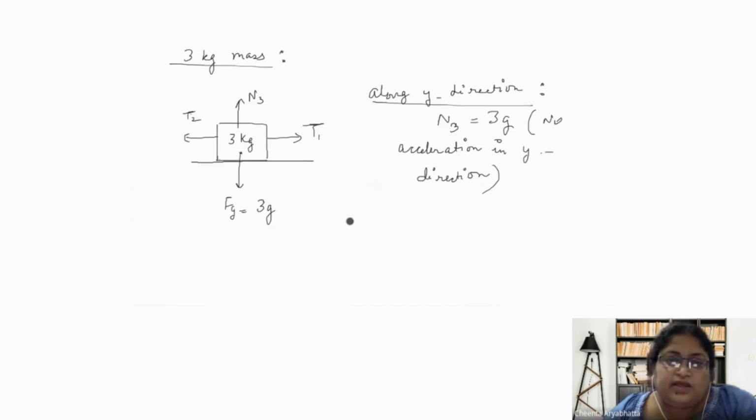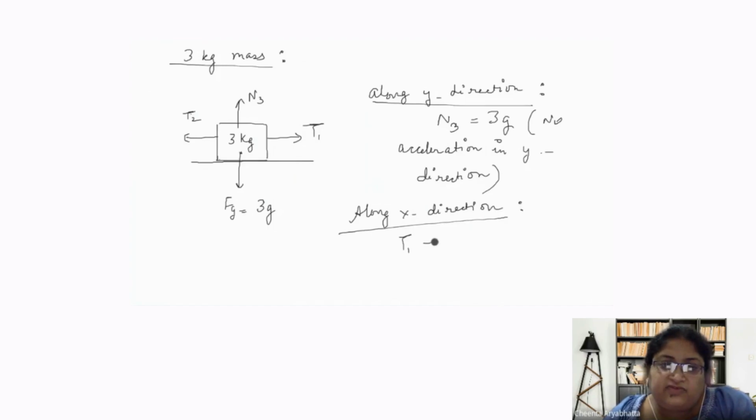And along the x direction, we have T1 minus T2 equals to, and this block is also again moving with acceleration a meters per second square, right? So T1 minus T2 equals mass times acceleration. Mass is 3 kg and acceleration is a, right? So I have this equation C.